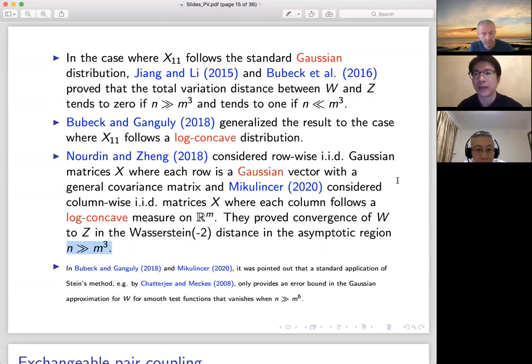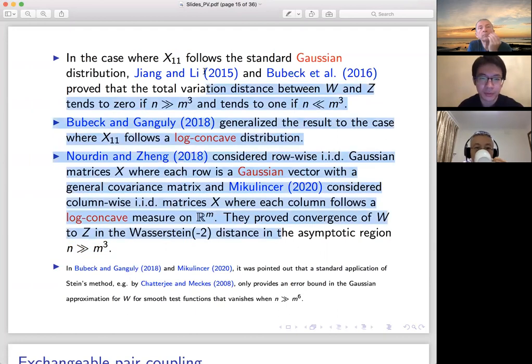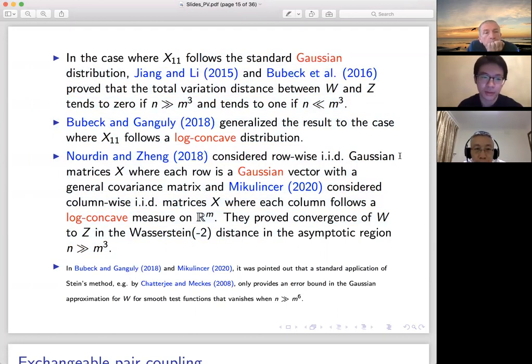So the question we would like to ask is: all the previous results depend on some special distribution of these entries, so what can we say if we only impose moment conditions? For example, some discrete entries, what can we do? In some of these papers, they pointed out that a standard application of Stein's method only gives a normal approximation result for n of larger order than m to the power 6, which is not optimal.